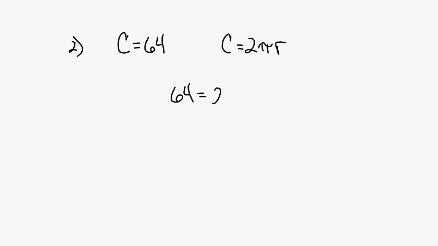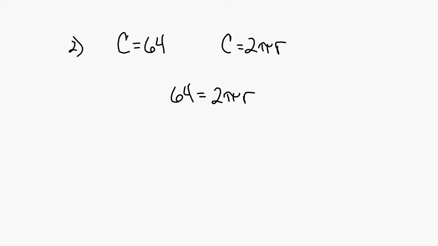And then number 2, what is the radius of a circle with circumference 64? So if the circumference equals 64, and the other formula for circumference is circumference equals 2 times pi times the radius, you set your 64 equal to 2 pi r.